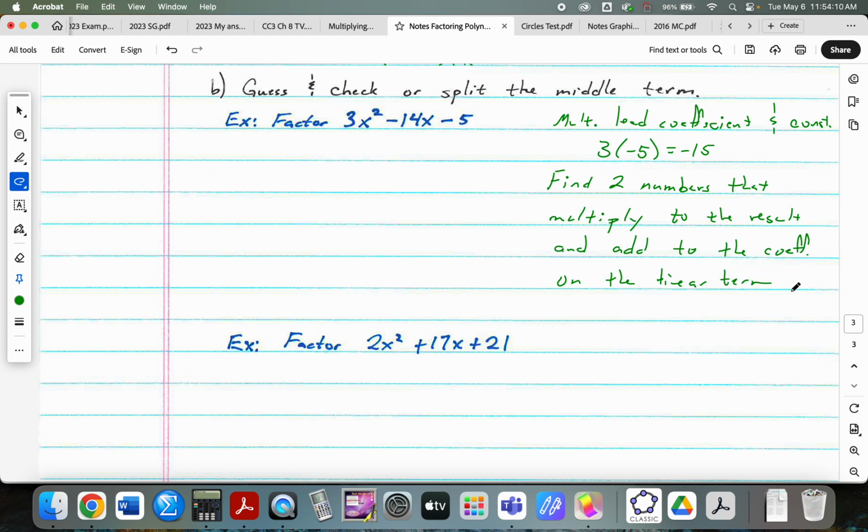So it's sort of the same, you have to do one extra step, but it's sort of the same process in terms of finding those two numbers.